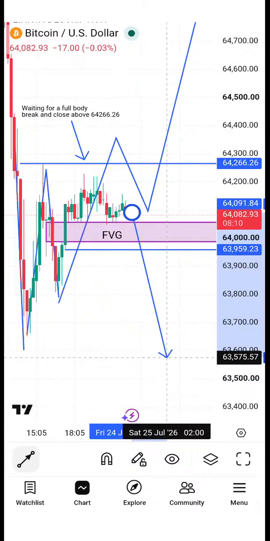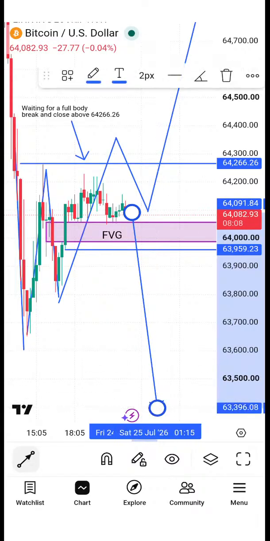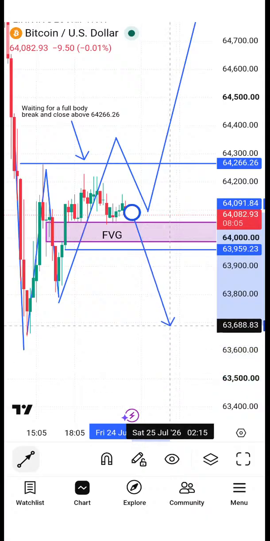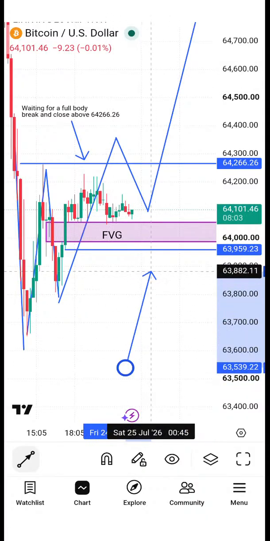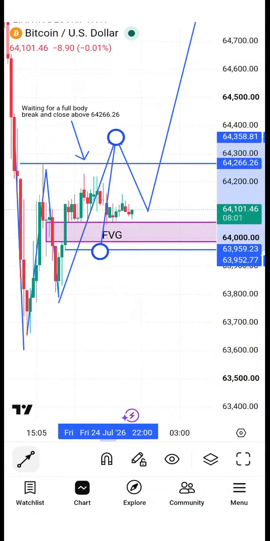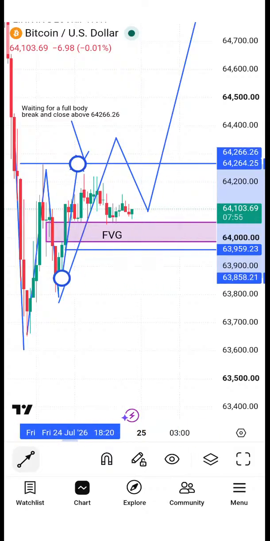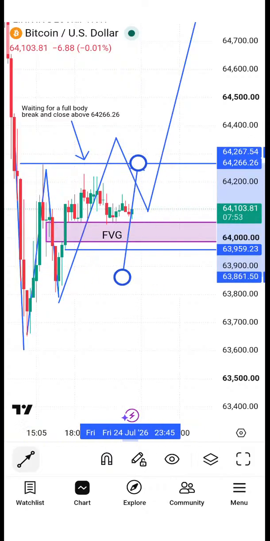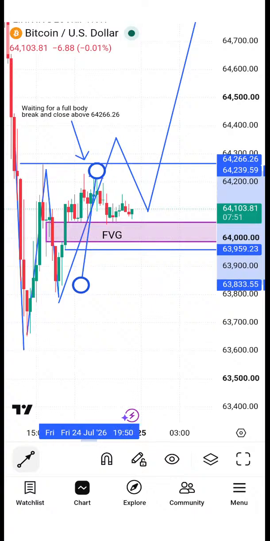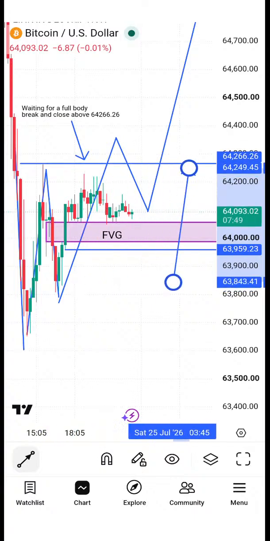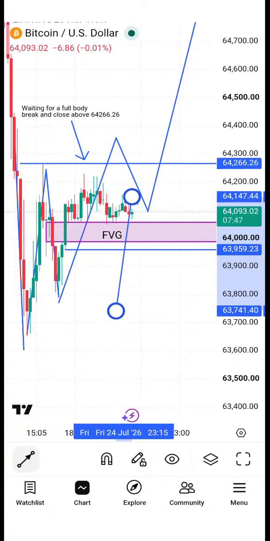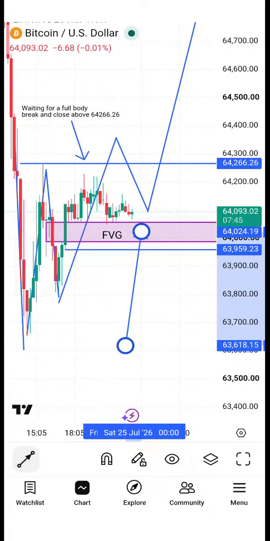That's why it's very important to wait for confirmation. Wait for the market to break. When it breaks here, it gives us a change of character. You see?